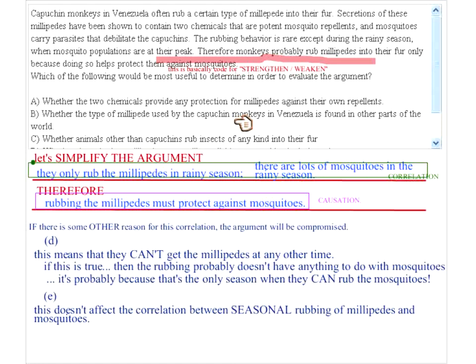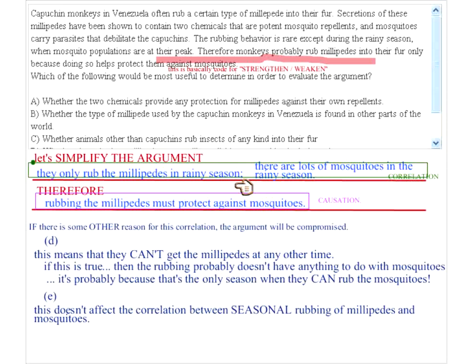It might affect other things that have to do with these considerations. For instance, you would have to add more stuff in there to make it relevant to this seasonal argument. For example, if choice E said something like other species that are not available during the rainy season have these chemicals, then that would affect us here.